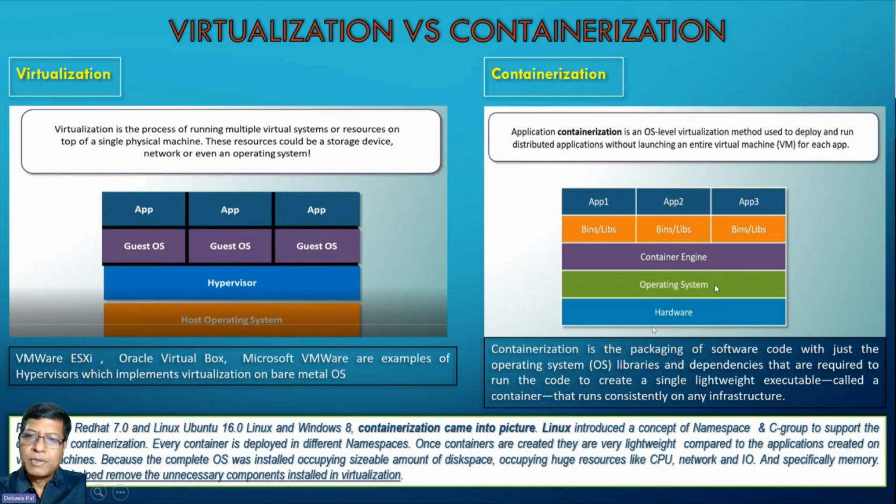Here you are seeing that the operating system is this one, that is part of the entire big machine or the infrastructure. But I do not have to have another operating system over here. I will just have the binaries and the libraries of the application layer, and I will use the kernel from the operating system. That's all.